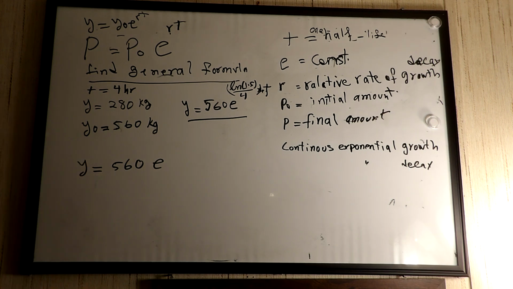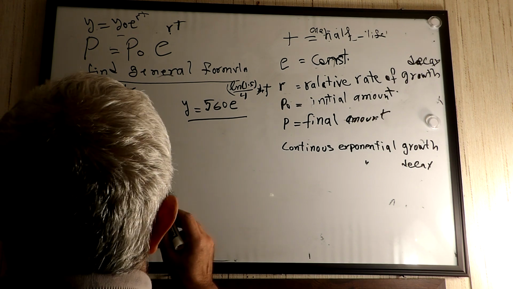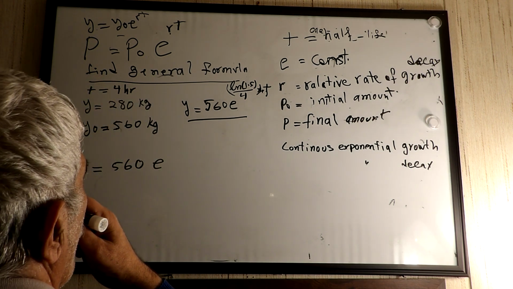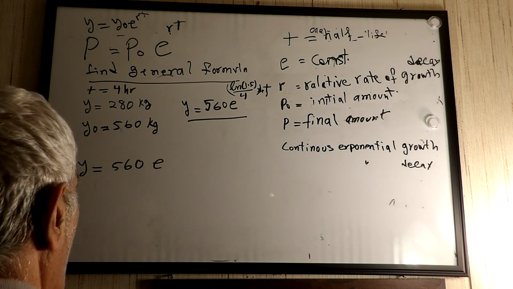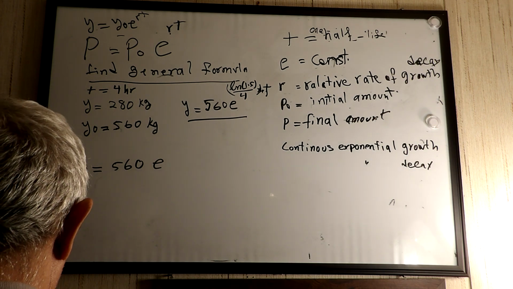But it's more exact to write it like this: ln 1.5 divided by 4.